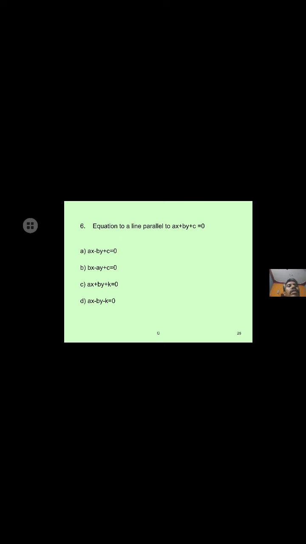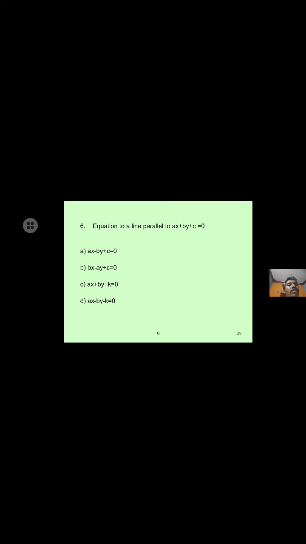In the first option, ax minus by plus c equals 0. Minus b means this is not the same coefficient as in the given equation. In the second, the x coefficient is b, but in the first equation the x coefficient is a, so here also it is changed.